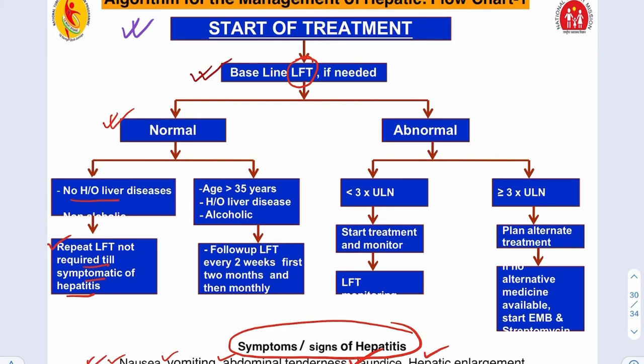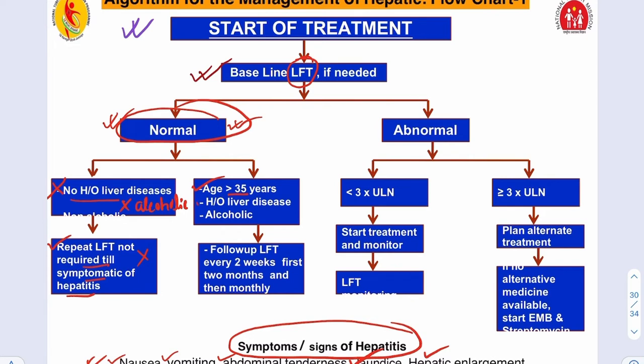So I said, if the liver function test is normal at baseline and there is no history of liver disease and the patient is not alcoholic, in that case, we may not repeat the LFT until the patient is symptomatic of hepatitis.